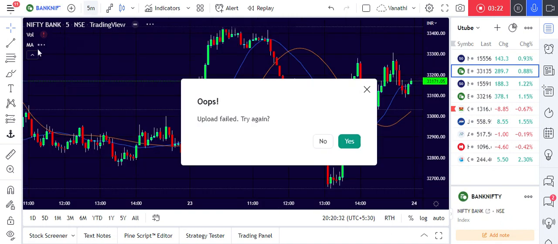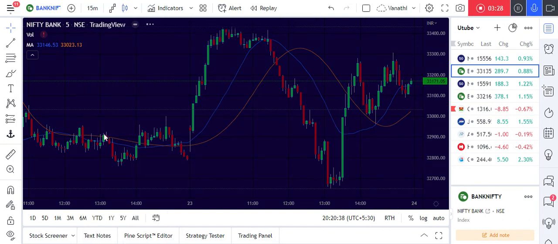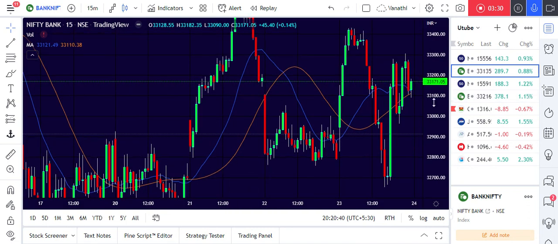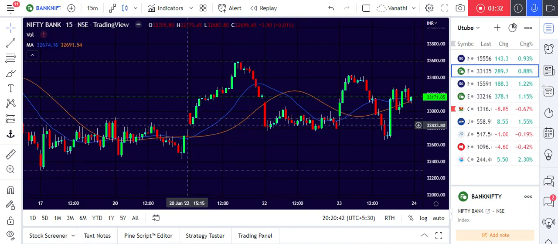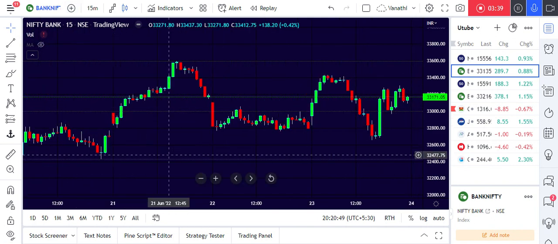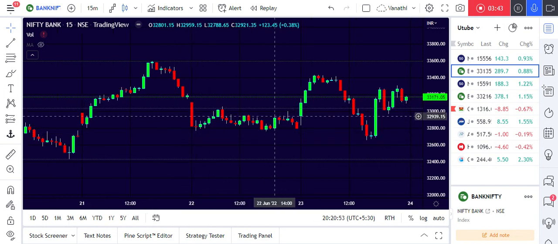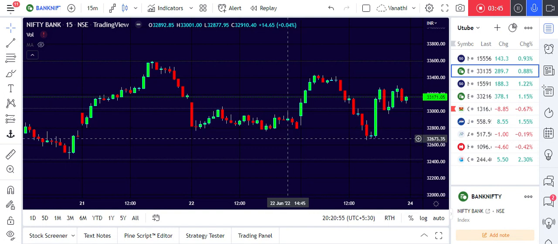Let me take a Bank Nifty chart. I will take the 15 minutes time frame. If you observe closely, it is having a consolidation. Yesterday, it was within a range only.